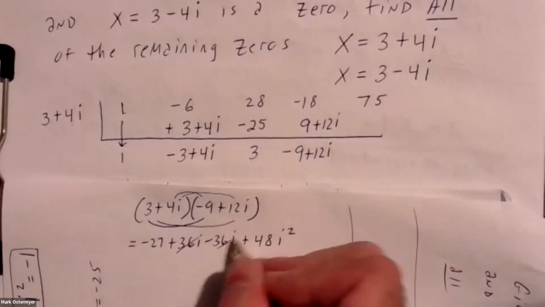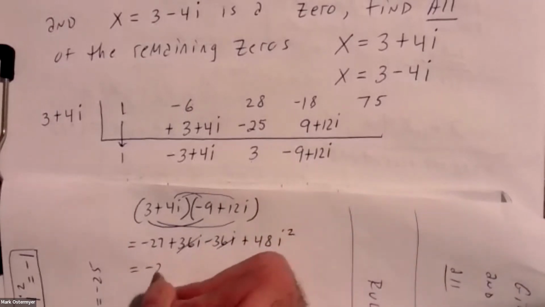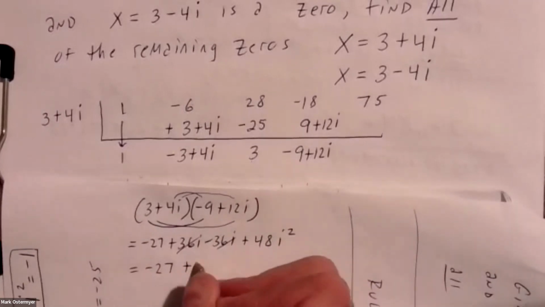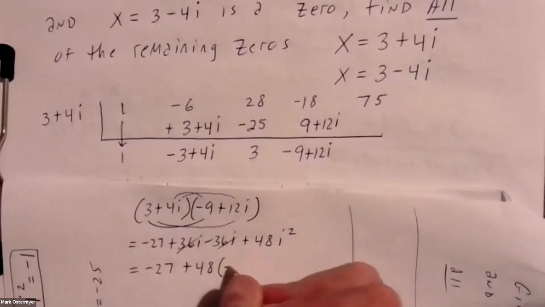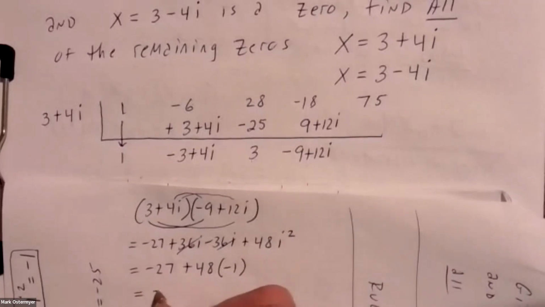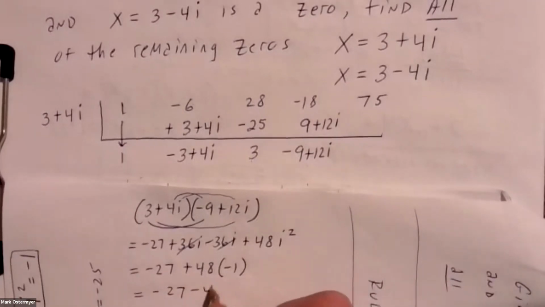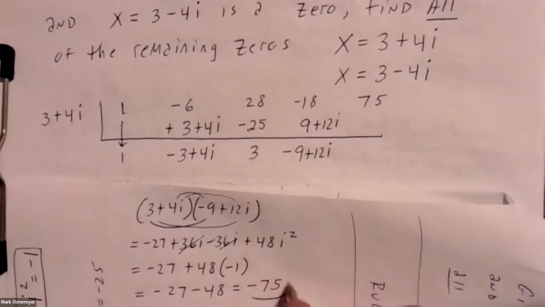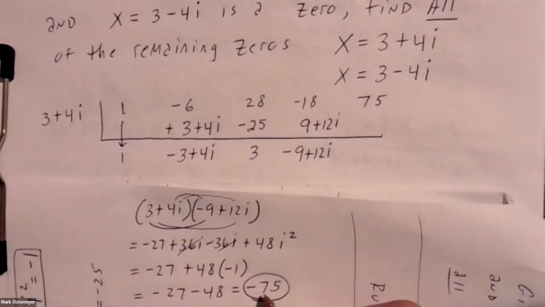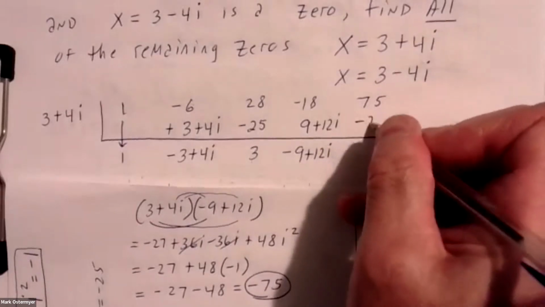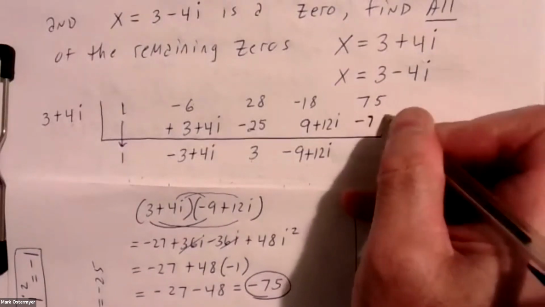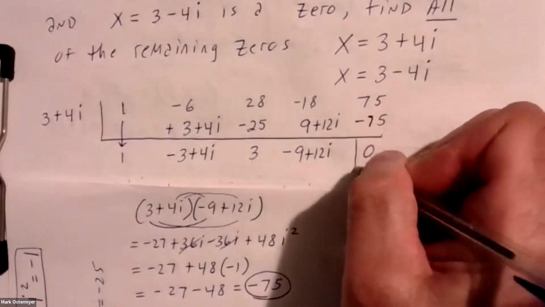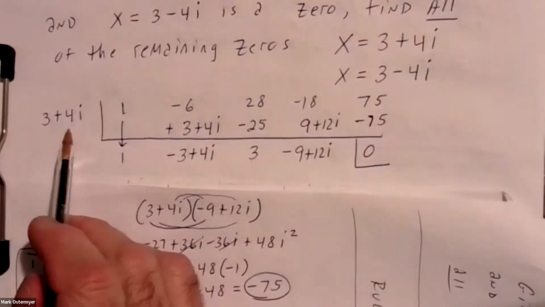The two middle terms drop again. So we have negative 27 plus 48 times i squared, being negative 1, and we got negative 27 minus 48. And what do these add up to? Negative 75. Exactly what we thought they had to add up to. And so we do get a 0 remainder, and we have to get a 0 remainder because we were told this is a 0.